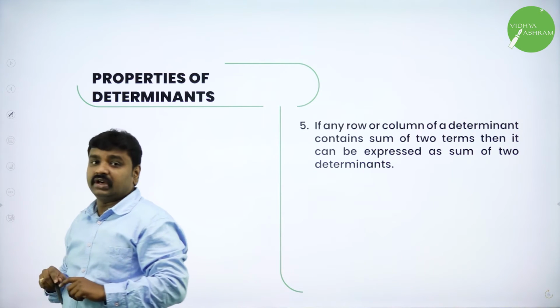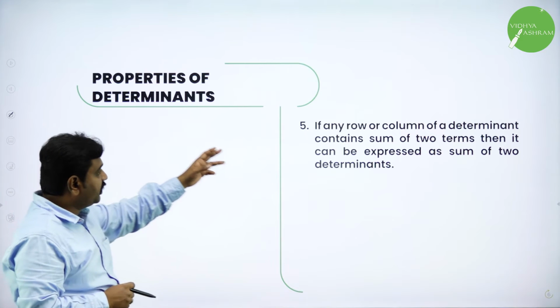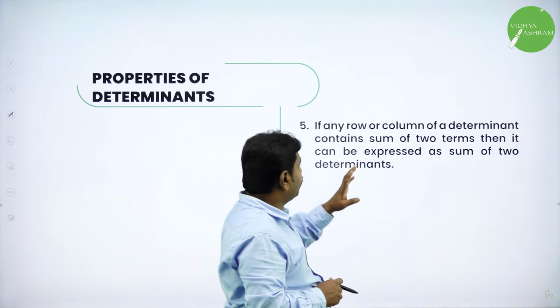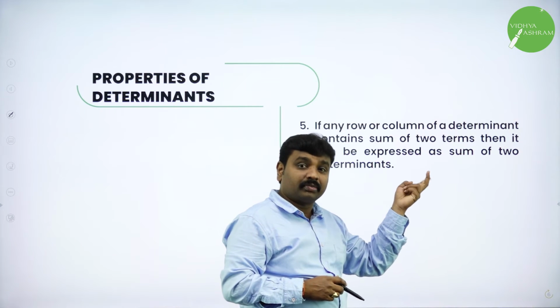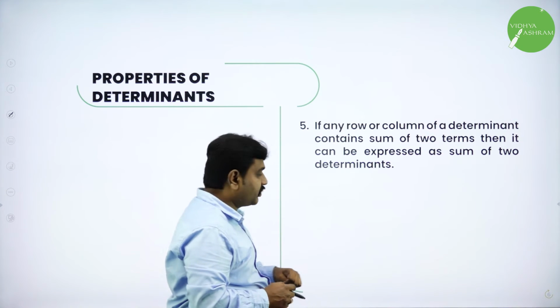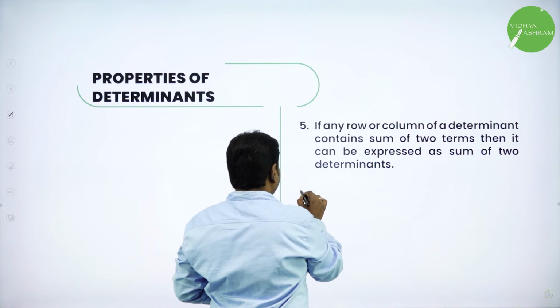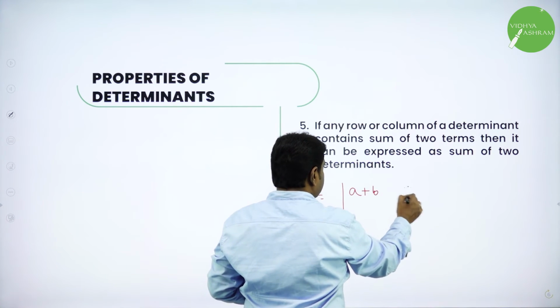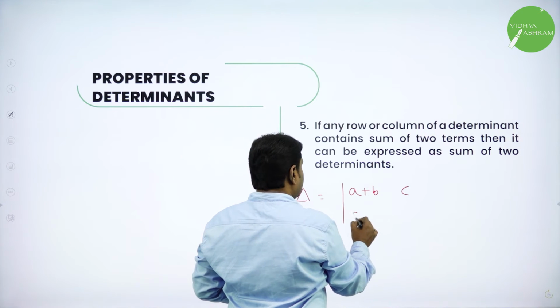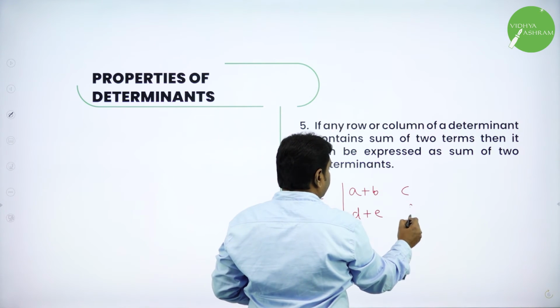Then we have the fifth property. If any row or column of a determinant contains the sum of 2 terms, then it can be expressed as the sum of 2 determinants. For example, I have delta equal to the determinant with a plus b, c and d plus e, f.